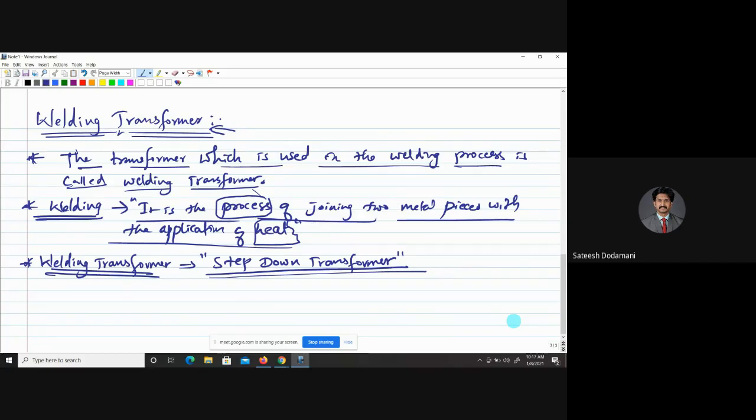Any idea? Anybody? Can you try? In the welding transformer they use specifically a step down transformer for the operation. Why? Anybody? Please try at least. You have to try. Otherwise, what have you studied in these whole 4 months?